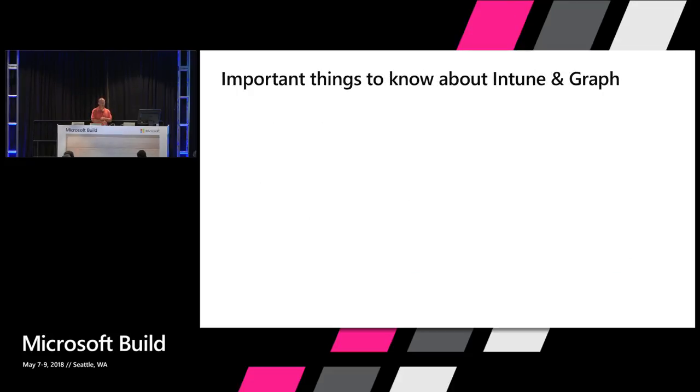So if you're developing against Microsoft Graph and Intune, there are a couple of good-to-know gotchas, depending on whether or not you've been frustrated with some of these things. For any application that you develop, a global administrator is going to have to consent your app to run in their tenant.